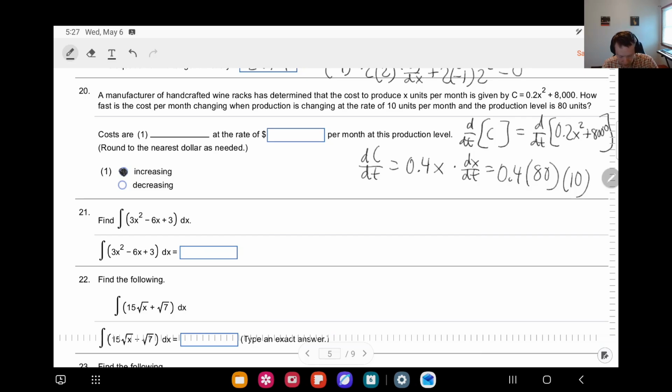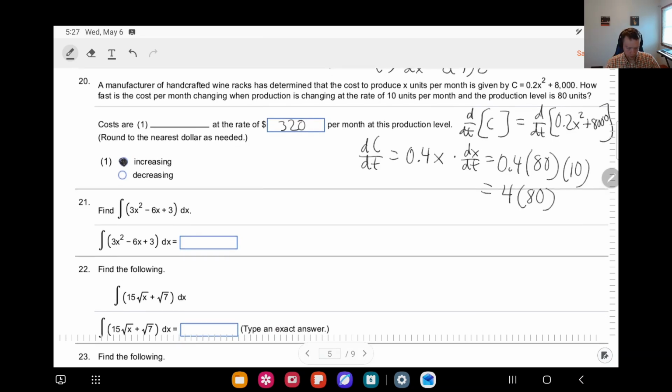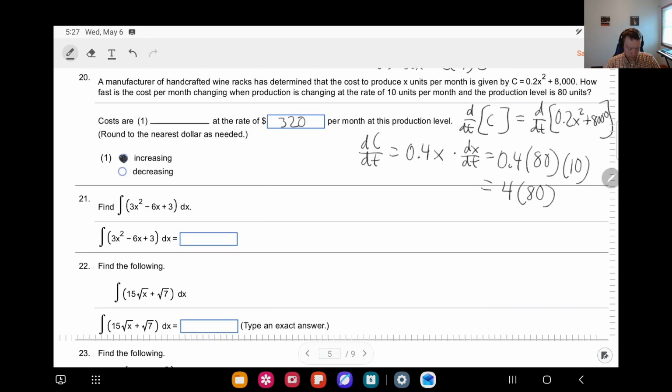And the rate, you just have to multiply this all out. I would start with the 10 times 0.4. That just moves the decimal over. 4 times 80. That is 320. So we didn't even have to round in this case. That is exact. Great.